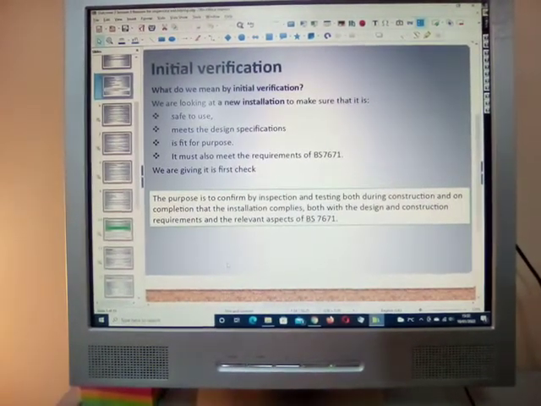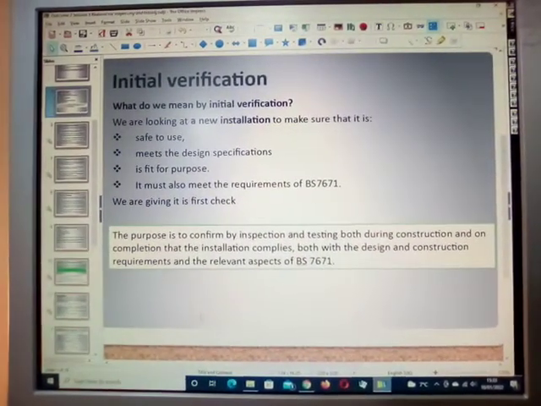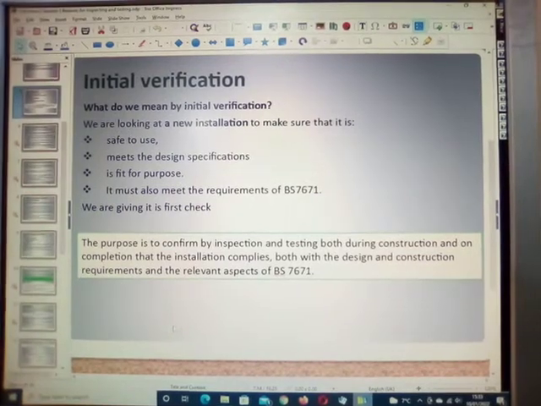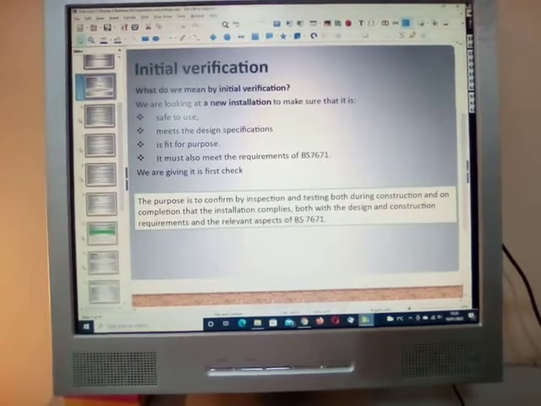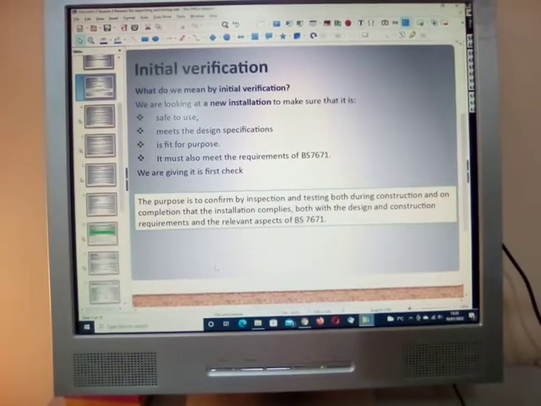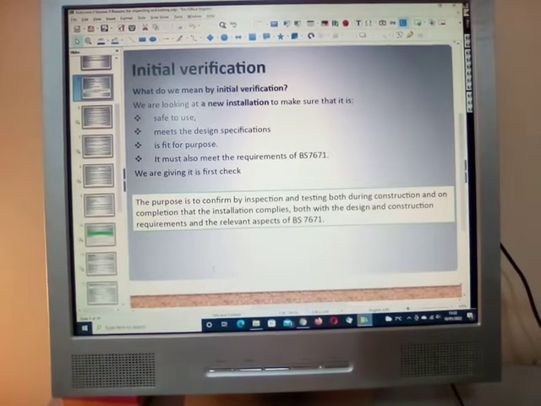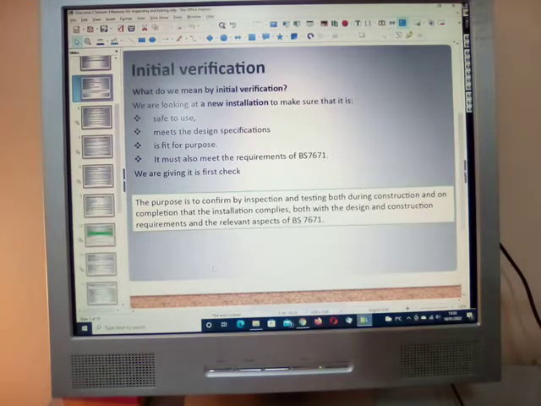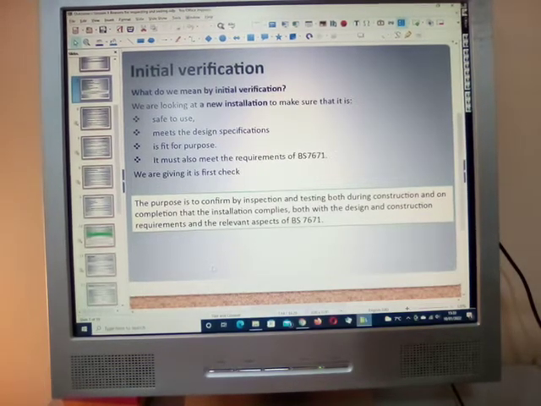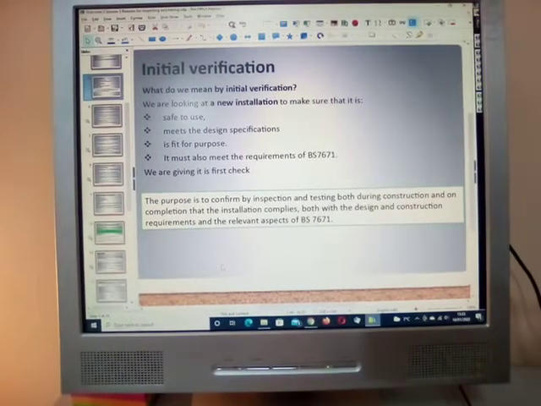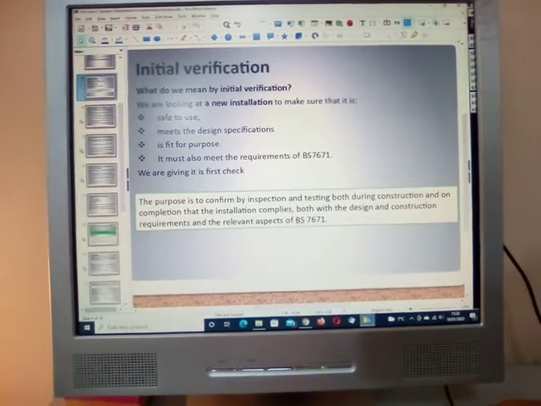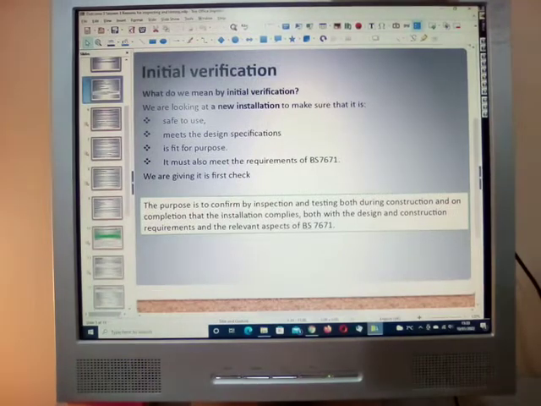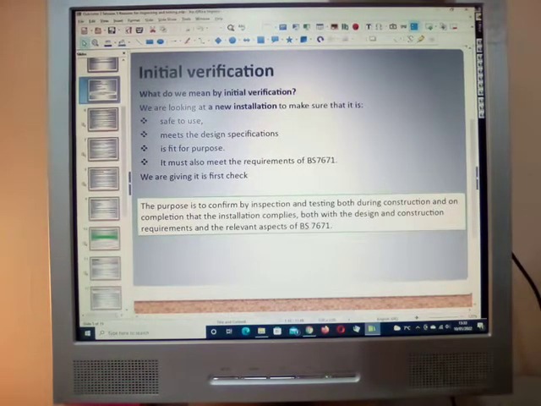Now, initial verification. What do we mean by initial verification?